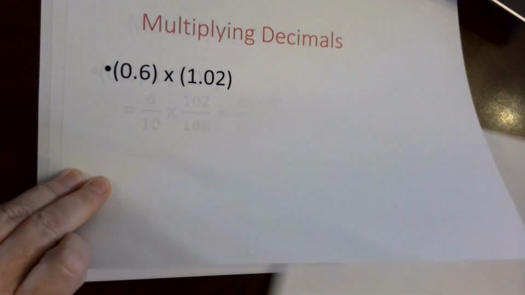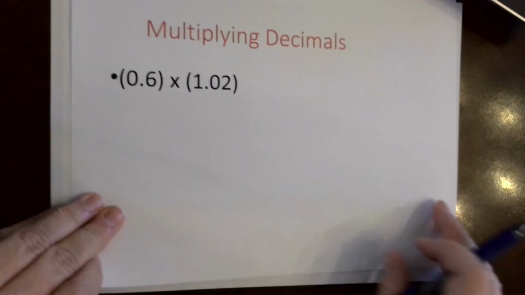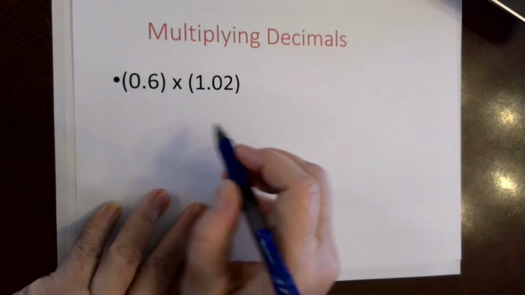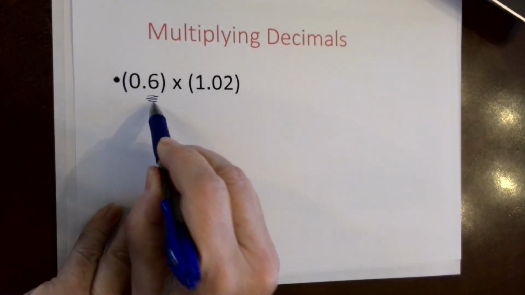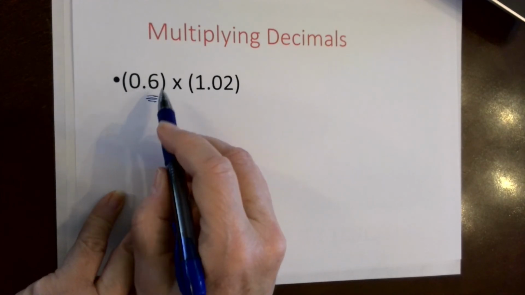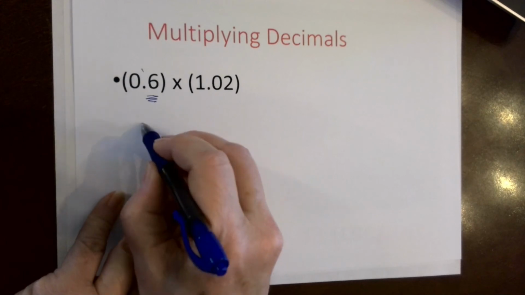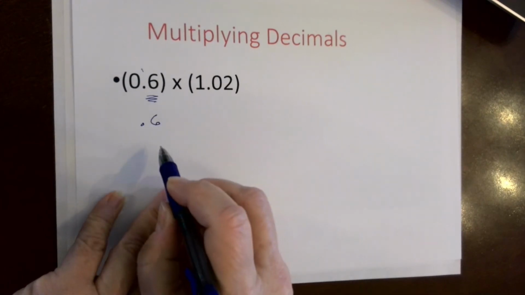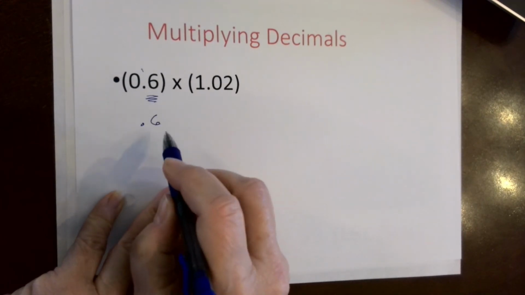We can multiply decimals together, and it's a lot easier than it sounds. This is really only one significant digit, 0.6. The 0 doesn't matter. You could write 0.6 without that 0. It's still 60 cents.